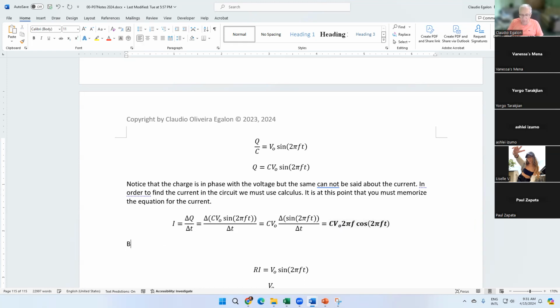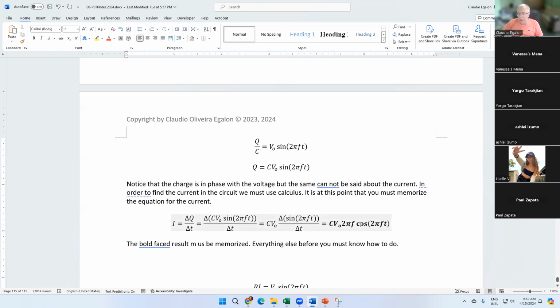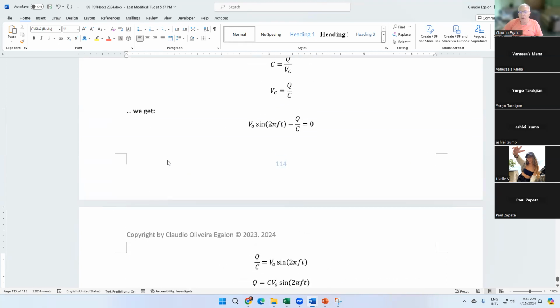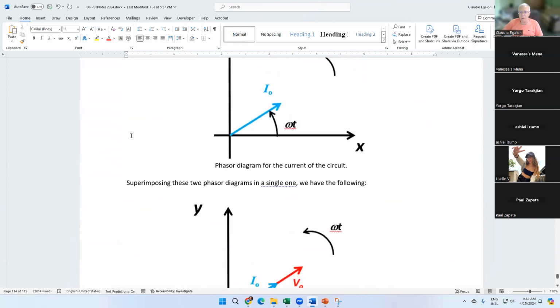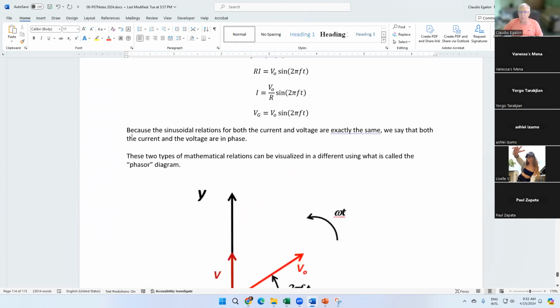The bold-faced result must be memorized. Everything else before, you must know how to do. Notice now, I'm going to put the voltage side by side, just like I did before, but I'm going to add the current as well.